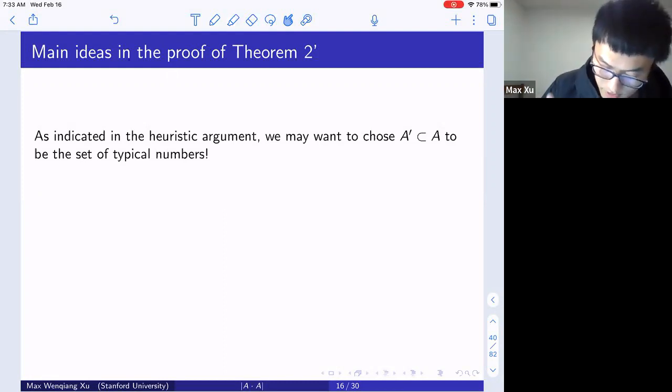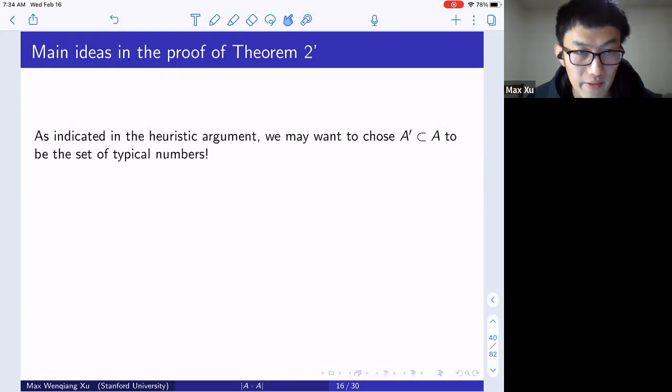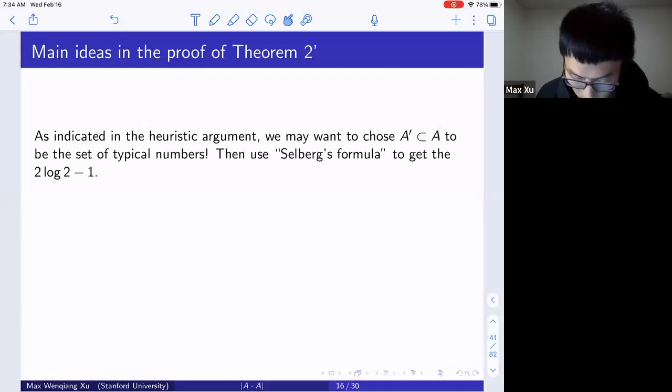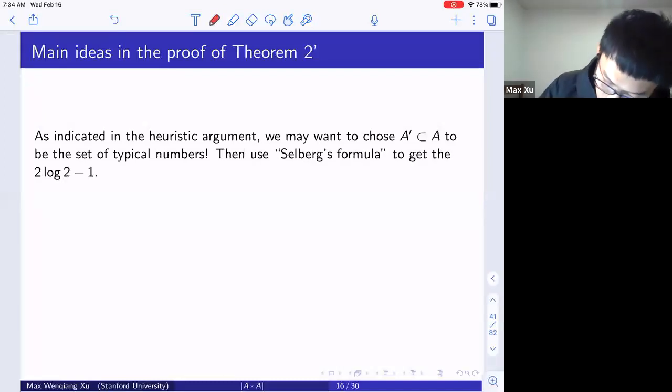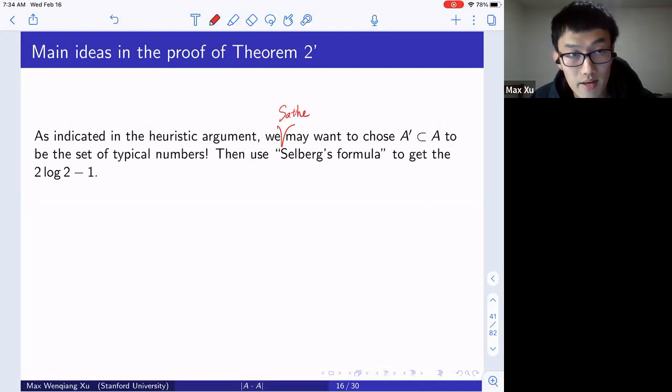Let's say we pick those numbers that roughly have the correct number of prime factors, if this statement makes sense. Then we use a formula I put in the previous slides, and if there's a similar formula, we get this 2 log 2 minus 1. That's a naive hope, and of course that's probably the only reason 2 log 2 minus 1 will appear.